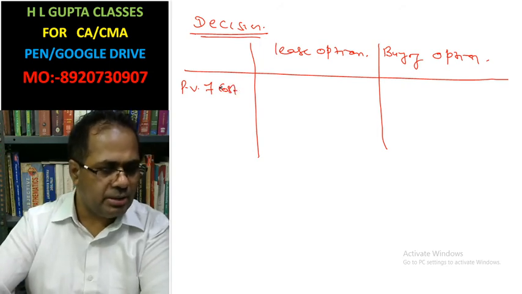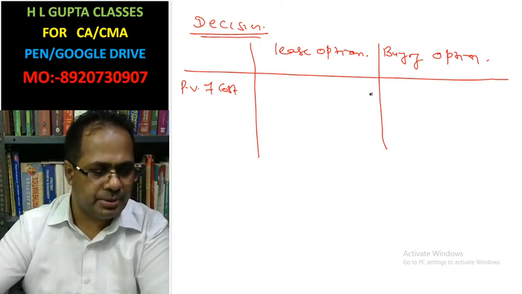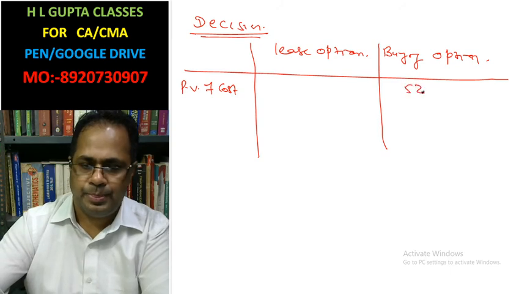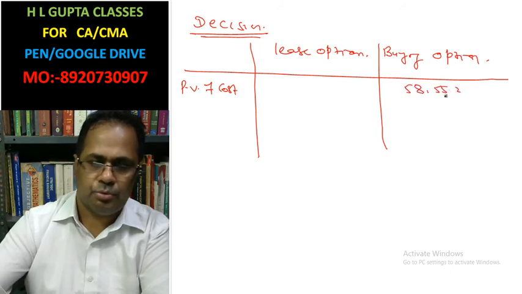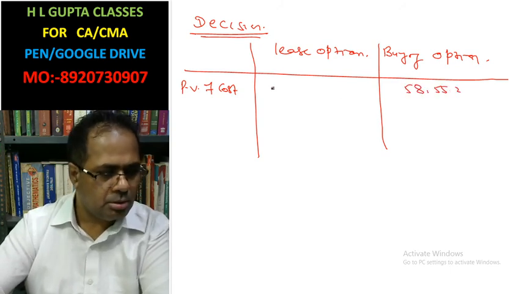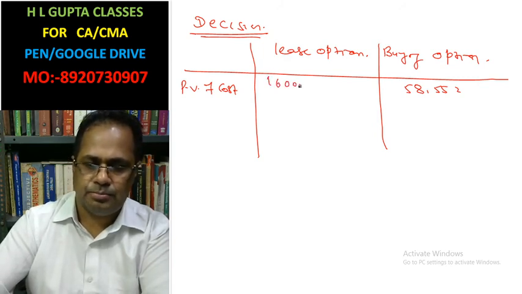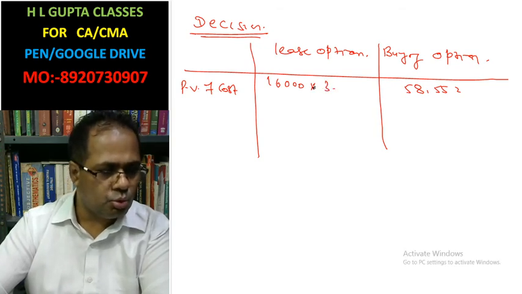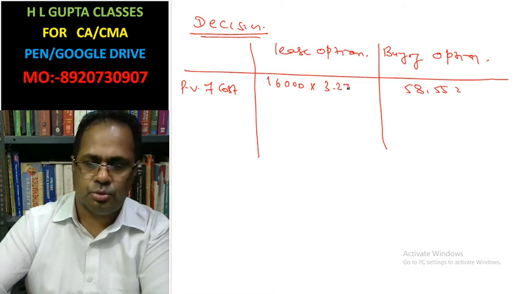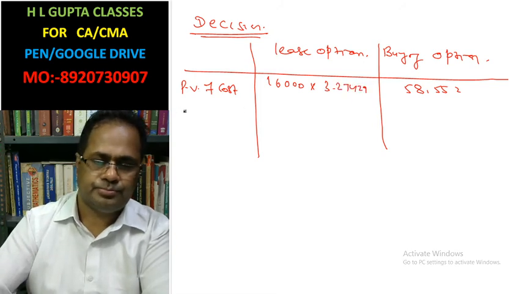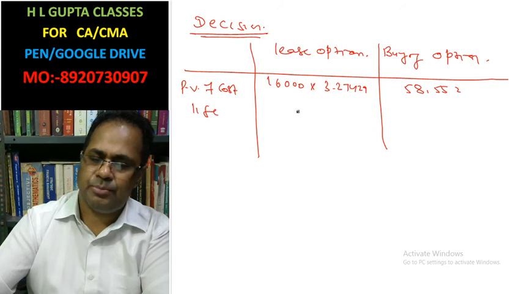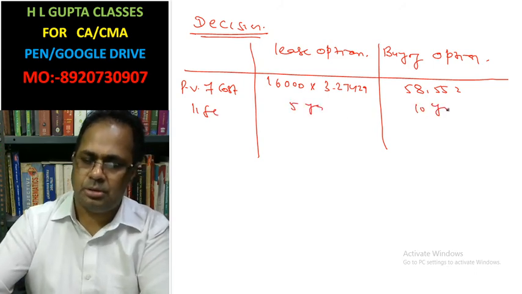What is the present value of cost? Buying option is 58552. Lease option is 16,000 into 3.27429. Life is here for 5 years. This is for 10 years.